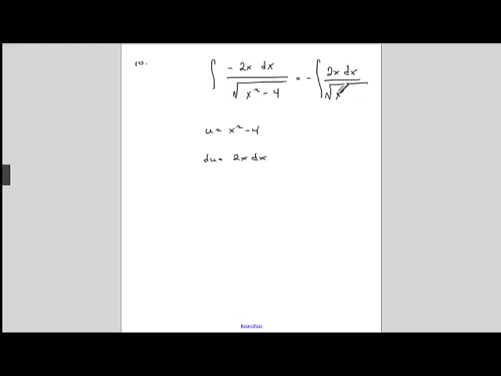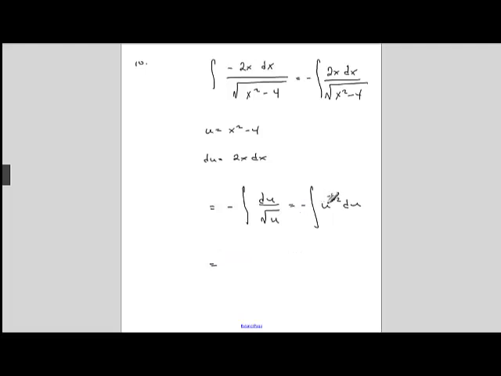So at this point, we can use the two substitutions we have, and this equation will just become negative the integral of du over the square root of u, which is the same as negative the integral of u to the negative 1/2 du.